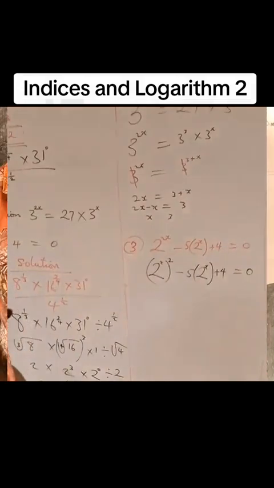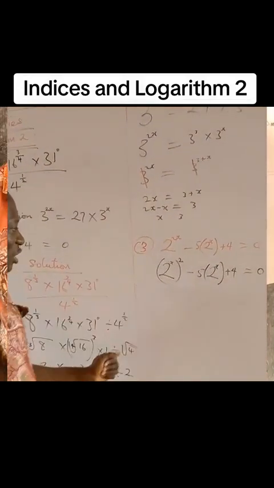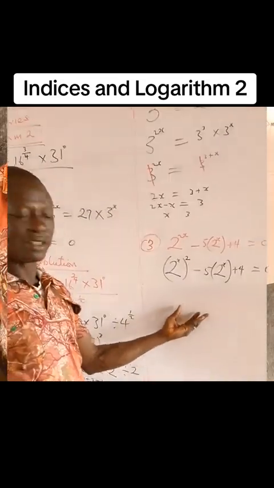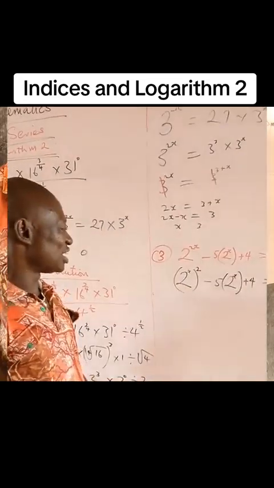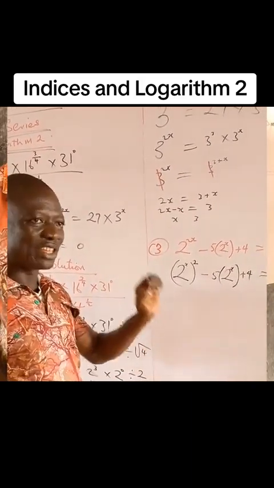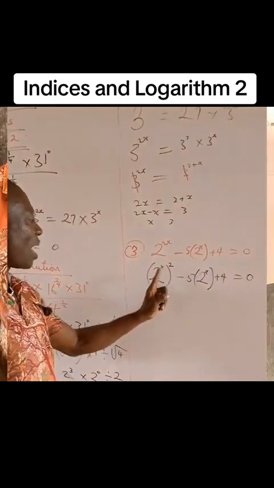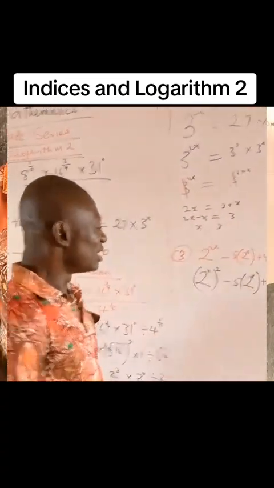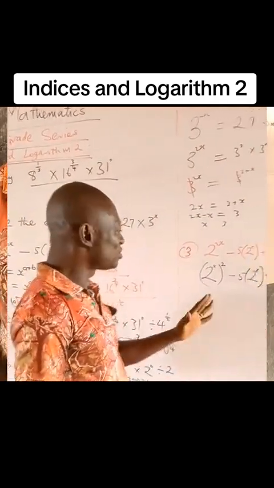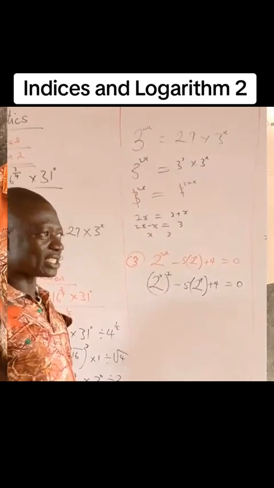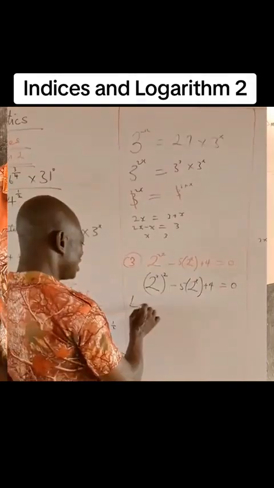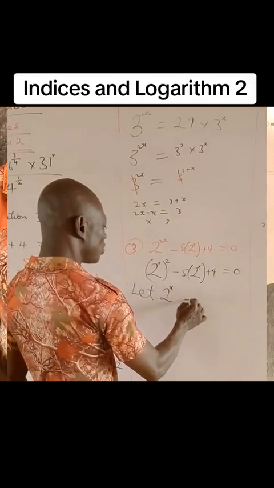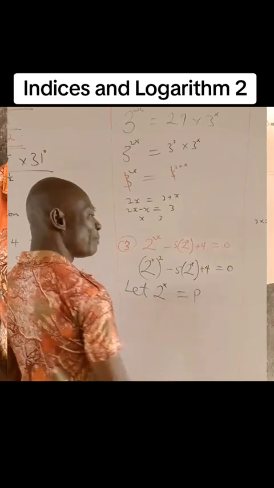Yes, we want to find the value of x such that when we put it in here, everything here will give us 0. Then we are going to see that we have a similar thing in the bracket, 2 raised to the power x, 2 raised to the power x. Let us use a letter to represent 2 raised to the power x. For instance, let 2 raised to the power x equal p.